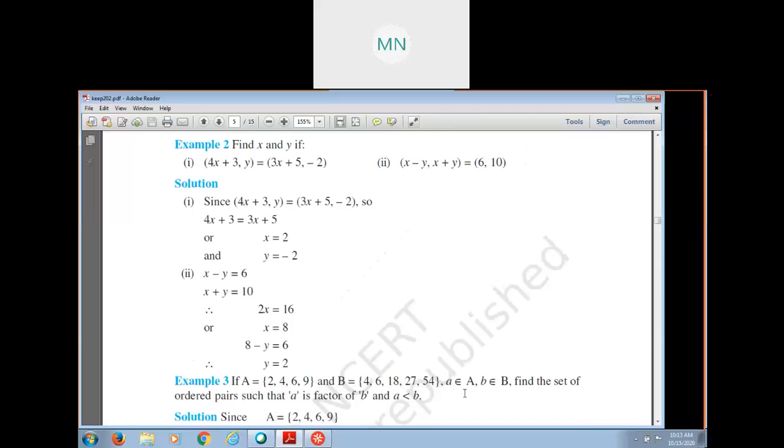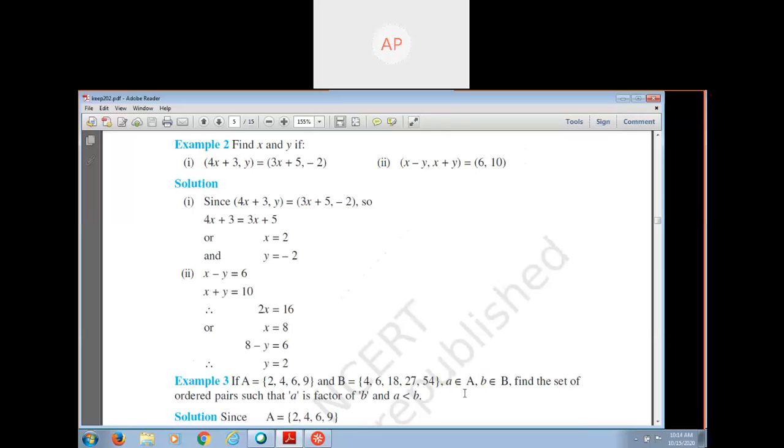If A equals 2, 4, 6, 9. Have you written this one?